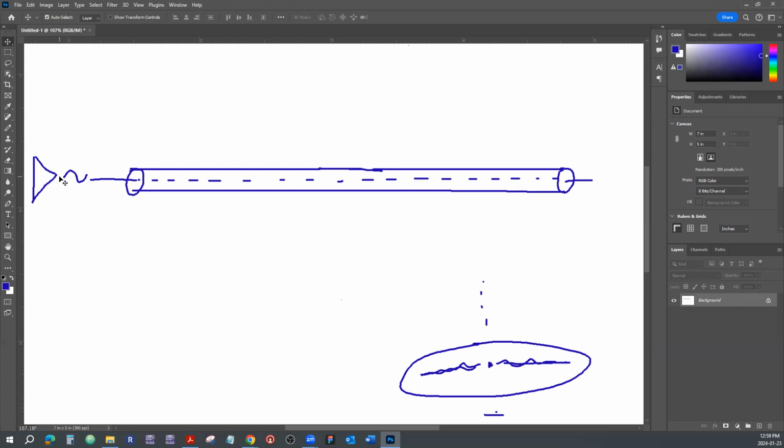The characteristic impedance is going to be equal to the impedance of the cable at the length of 1 meter. That's on average. Right, that's the characteristic impedance of the cable.